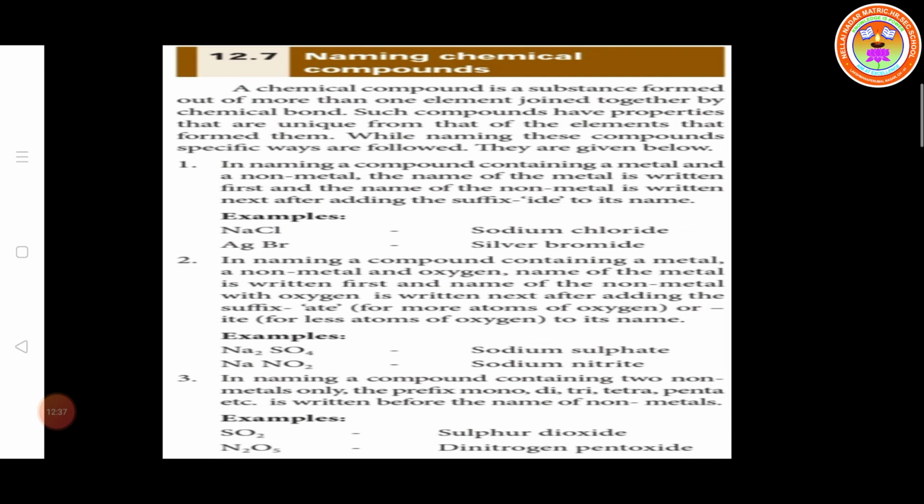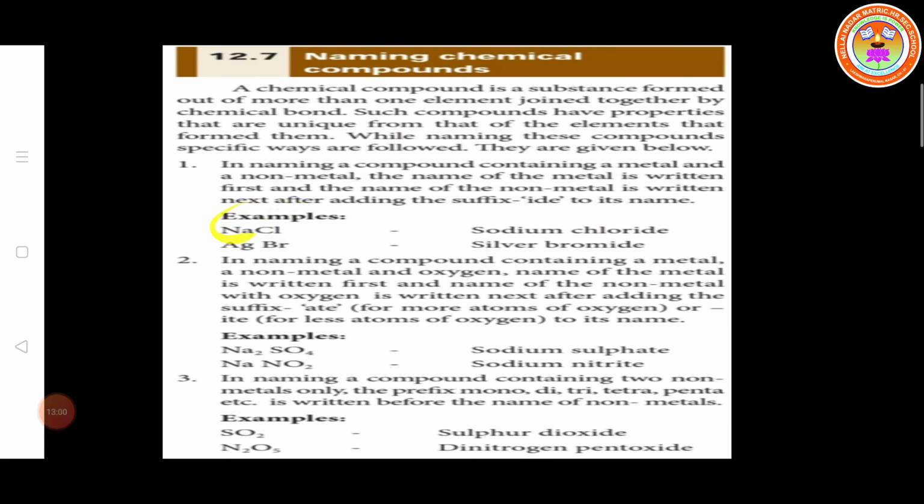First, in naming a compound containing a metal and a non-metal, the name of the metal is written first. Then the name of the non-metal is written next after adding the suffix ide to its name. For example, take NaCl. Na, sodium, is a metal, and chlorine is the non-metal.